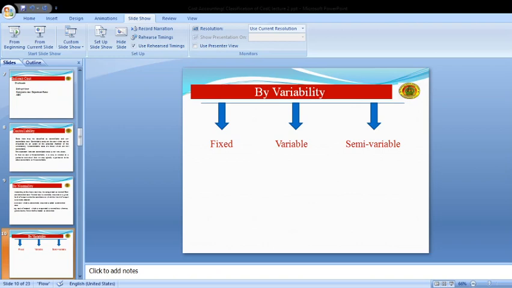But if actual loss exceeds that, then the person will be questioned whether there was any unbilled sale or something like that. So, any extra loss will be considered as an abnormal loss.